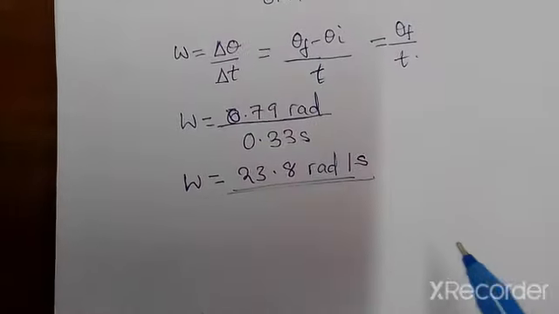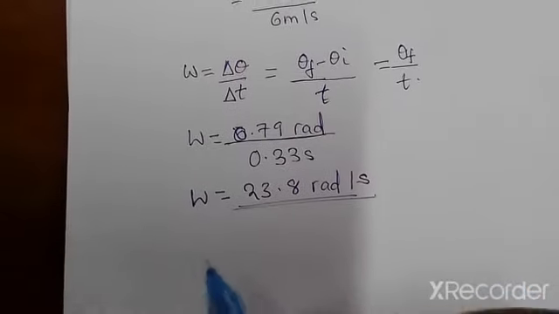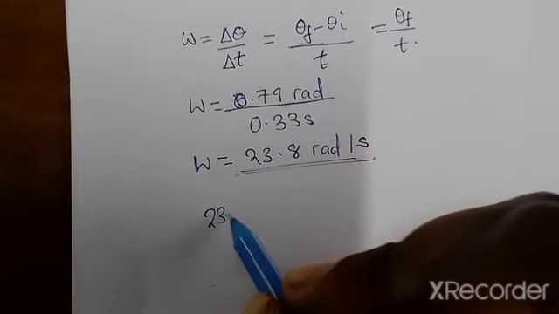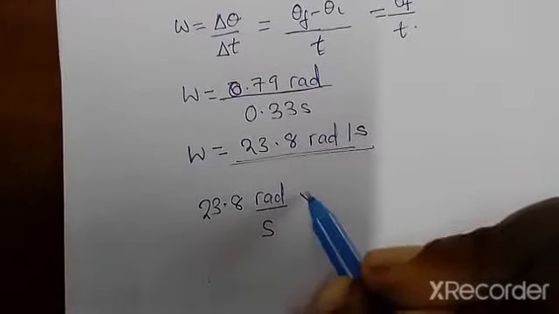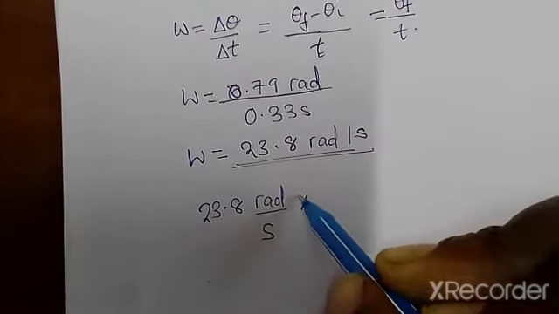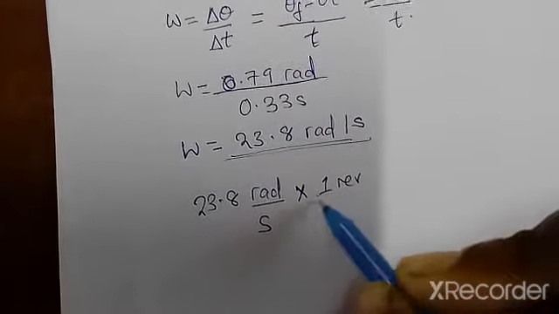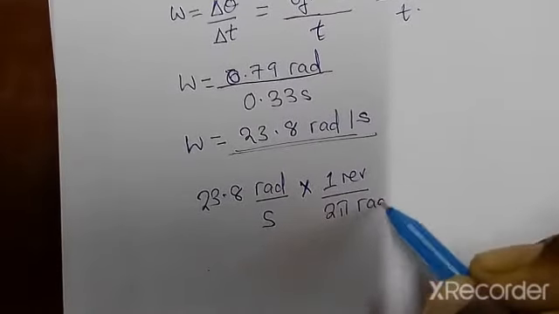But the question has also asked us to find the speed in revolutions per second. So if we convert that, 23.8 radians per second multiplied by how many revolutions are in 1 radian. So 1 revolution is equivalent to 2 pi radians.